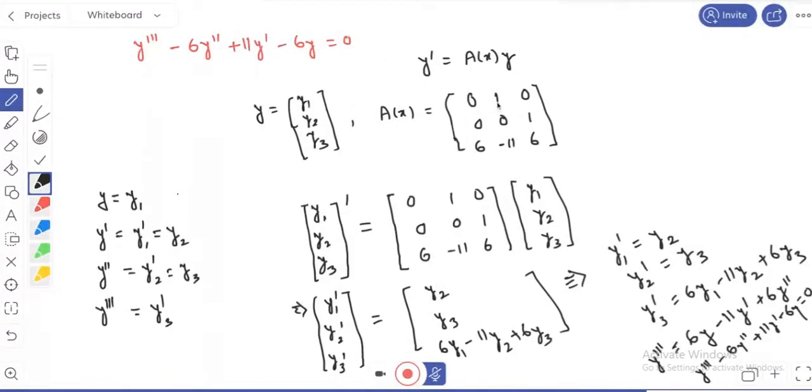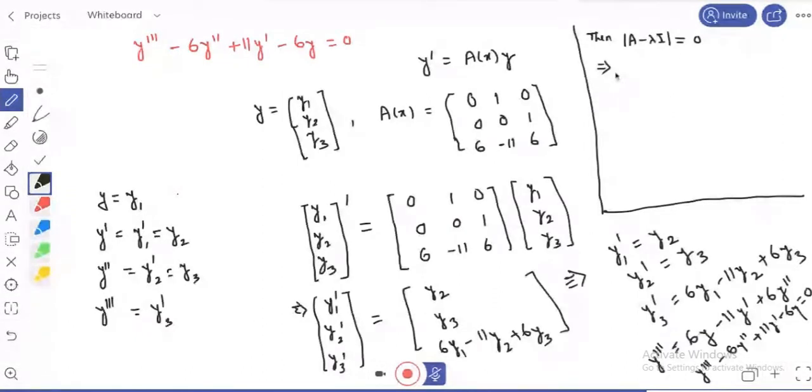Now you have to find the solution of that matrix system. What is your A(x)? It is this thing. So we have to calculate the determinant of A minus lambda I equals 0, which implies we have to find the eigenvalues.